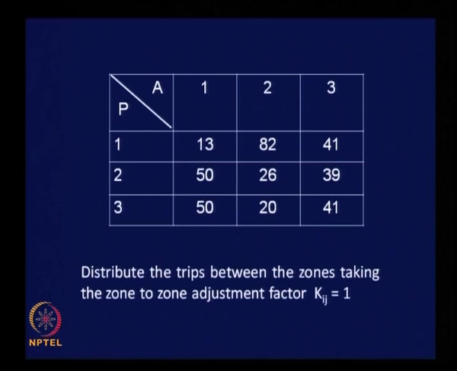So Kij can be taken to be 1 for all the 3 zonal pairs. Clear? So this is the information given. So it is going to be direct application of the given values in the equation for trip distribution.